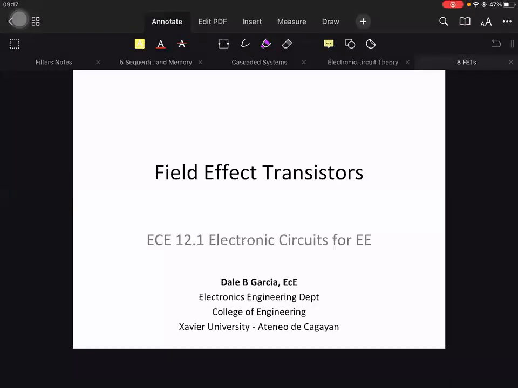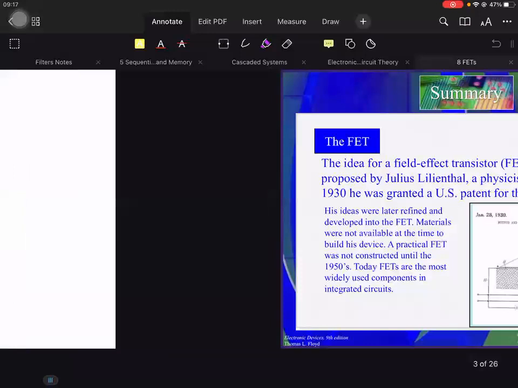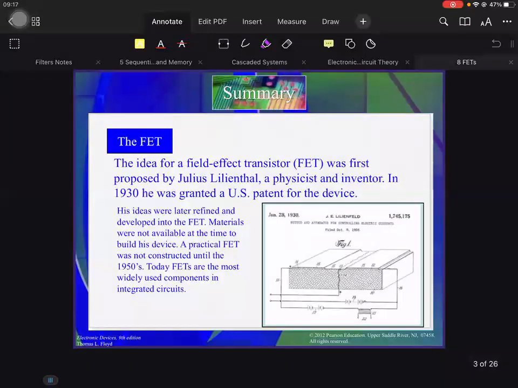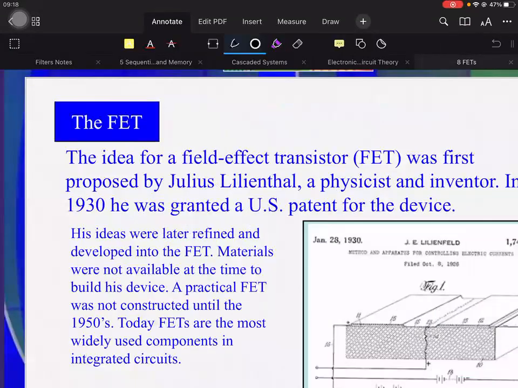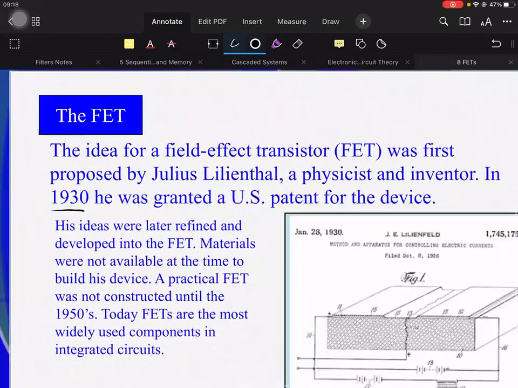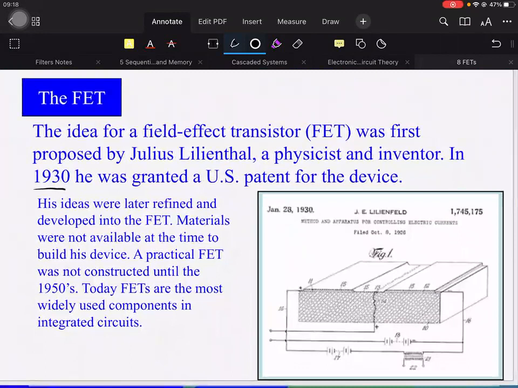So FETs, or field effect transistors, a short historical background: they were initially conceptualized or proposed in the 1930s. Only at that time was the field effect transistor conceptualized. Yet at this time, as we've learned previously in chapter 1, the semiconductor device had not yet been invented.